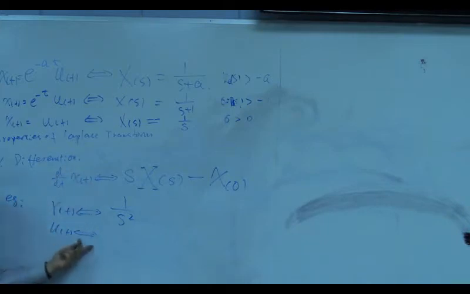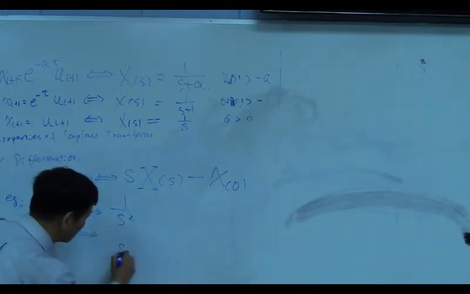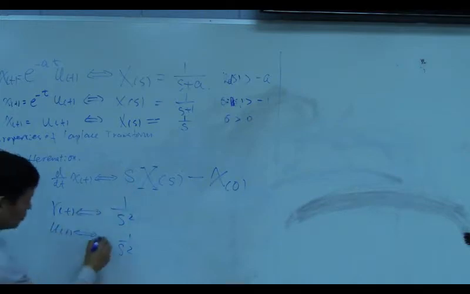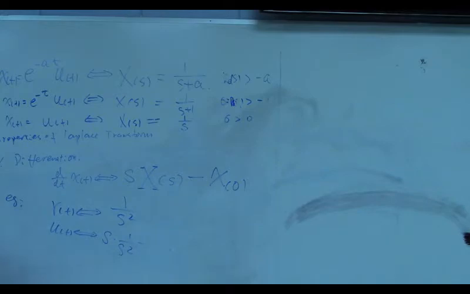So what is the Laplace transform of u(t)? It is this one, right? So I just copy this. What next? Multiply by s, right? And minus the initial condition. When t equals 0, what is it? 0, okay?